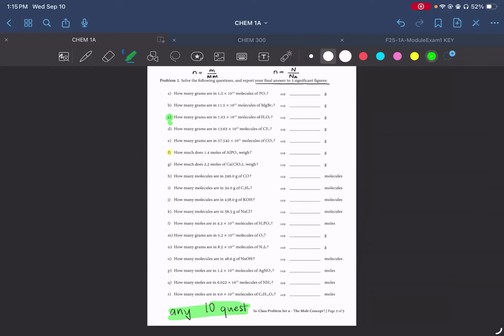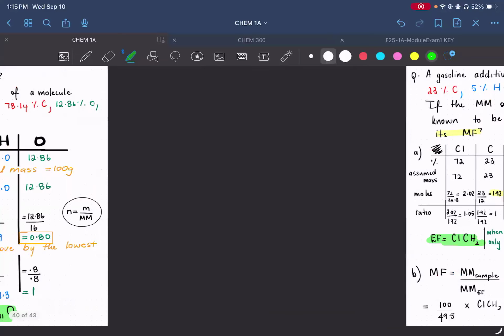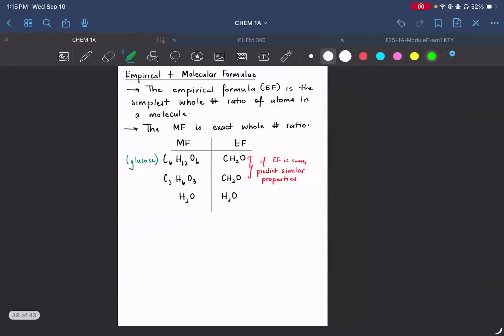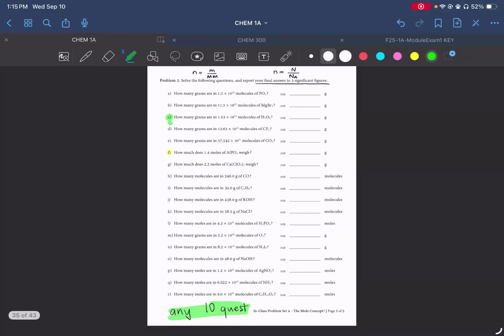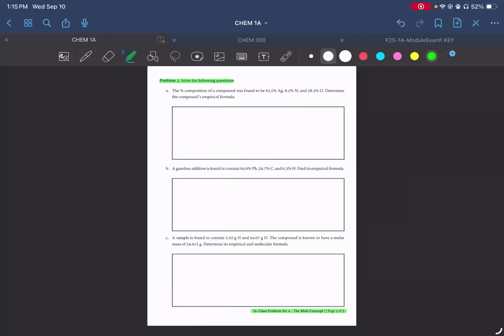The extra credit for problem 3 is the entirety of page 3. So I'll repeat myself. The extra credit was problem 2, any 10 questions, and all of page 3, problem 3.